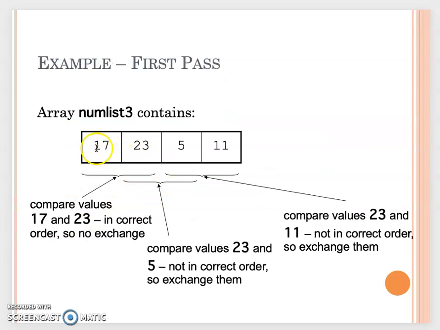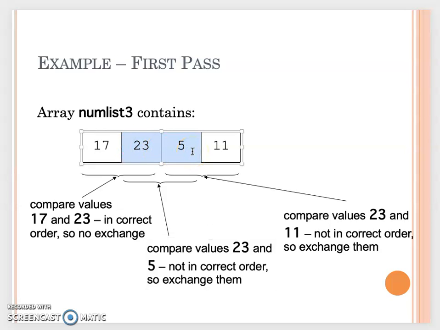For example, we have 4 elements here. Like we said, we start with the first two elements. So 17 and 23, are they in the right order? Because if we don't specify, we mean low to high. So 17 and 23 are correct, so we do nothing. Then we do the next two elements, 23 and 5.